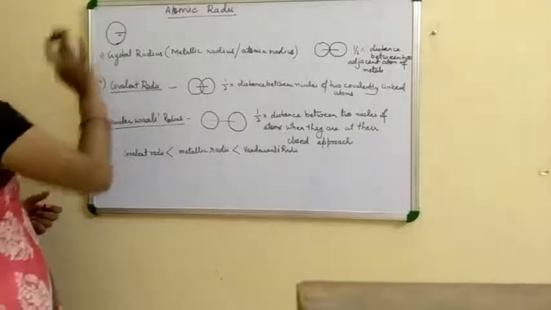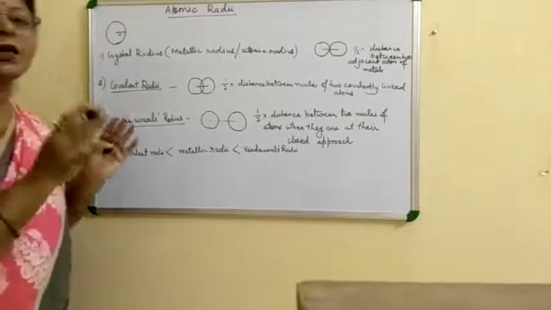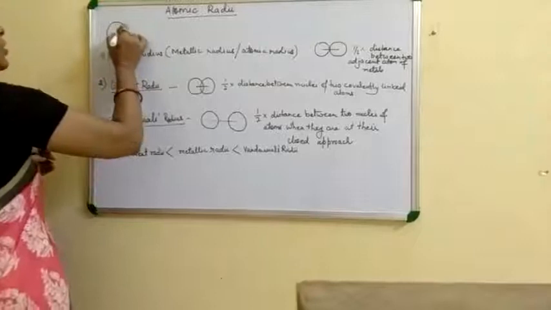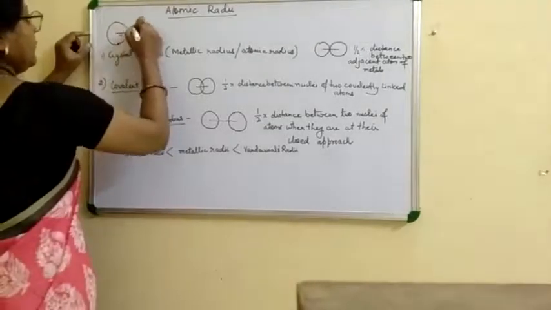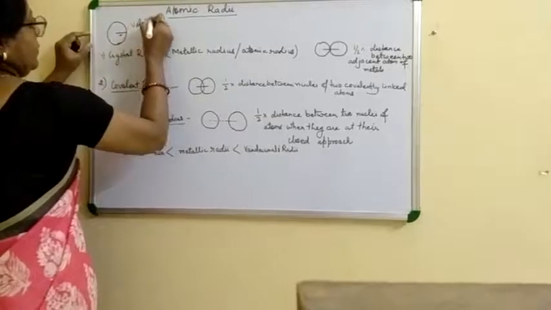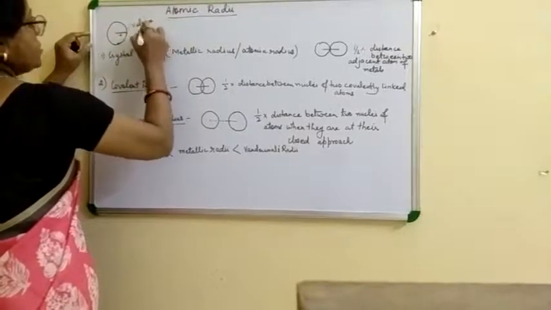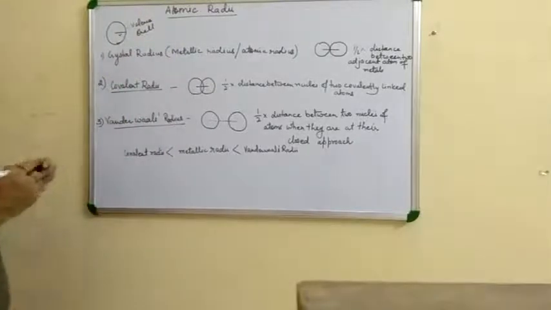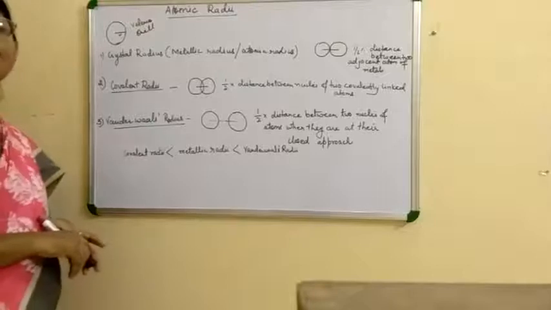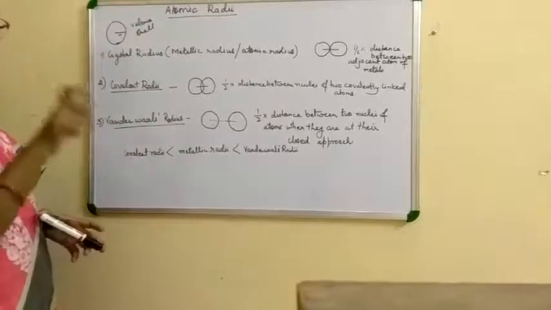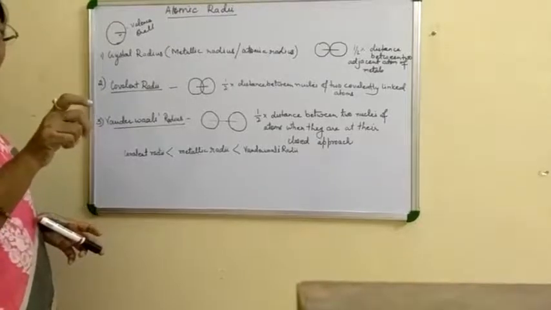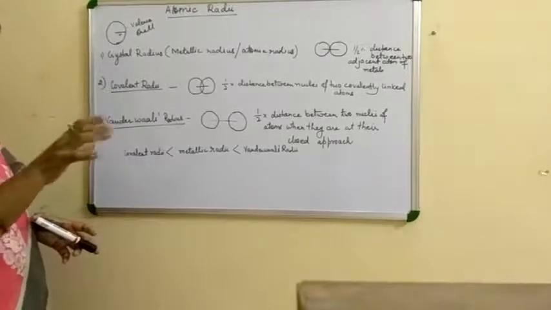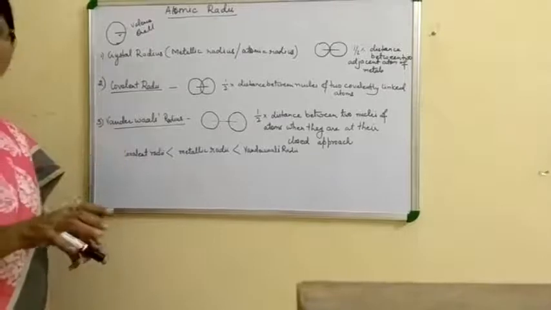In general we can say atomic radii is the distance between the nucleus and the outermost valence shell of the element. First is crystal radius, which is also known as metallic radius, because metal atoms are arranged in a particular way and because of this they form the crystal lattice.